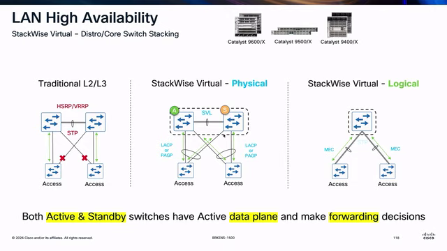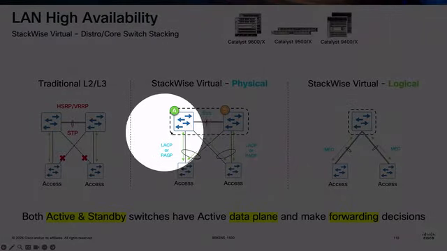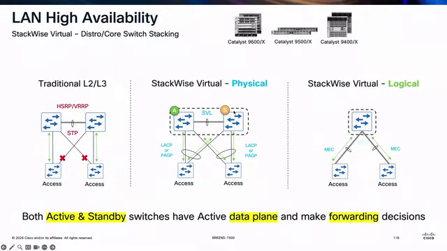We have one control plane device from the logical perspective, but from a data plane perspective, both of these expensive devices are busy switching packets. So we're not losing any bandwidth with the high availability achieved by StackWise Virtual.